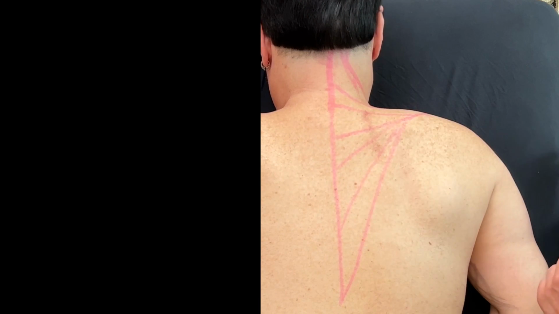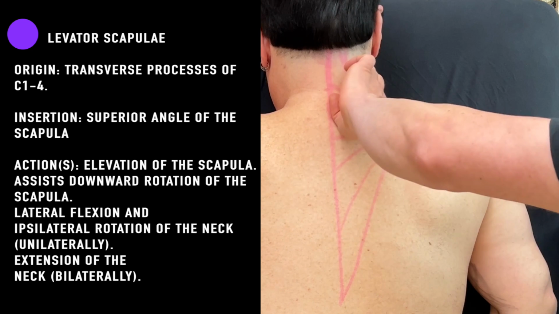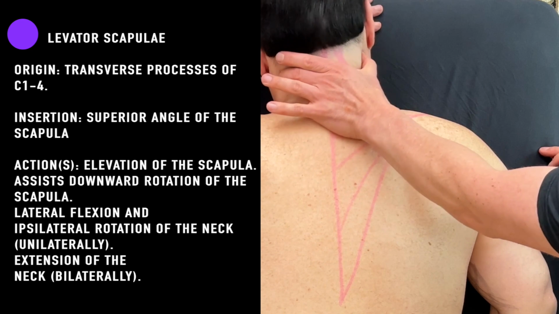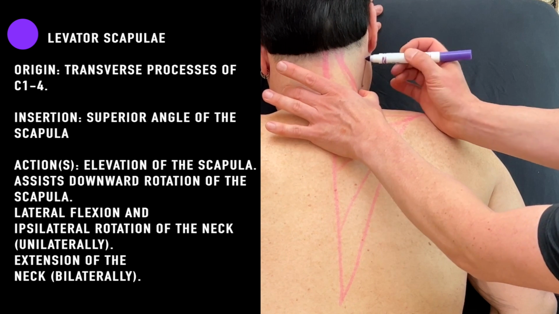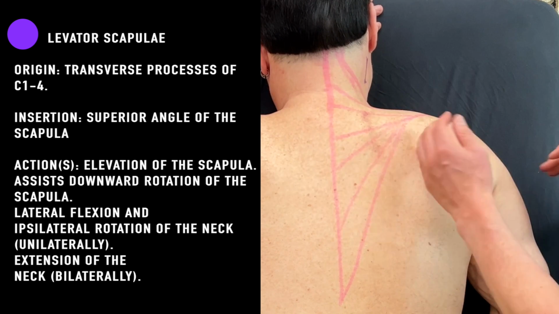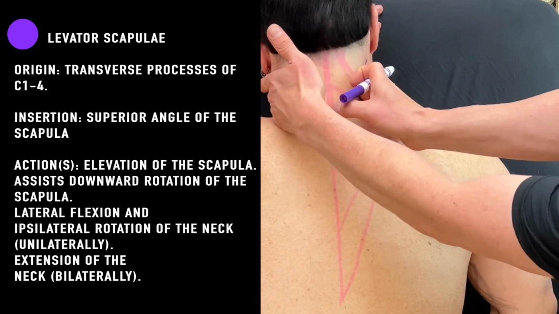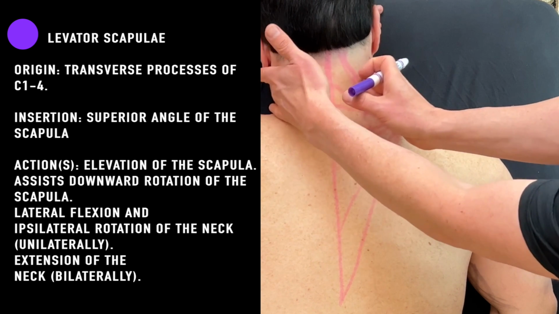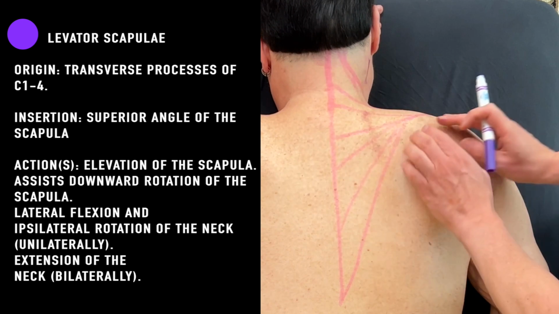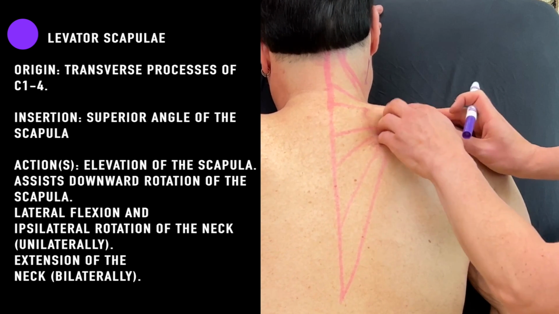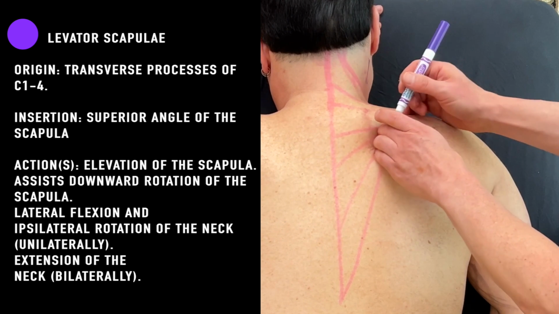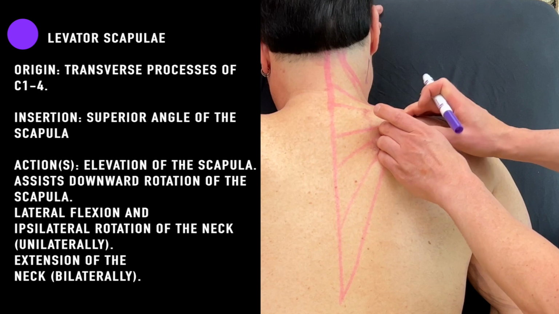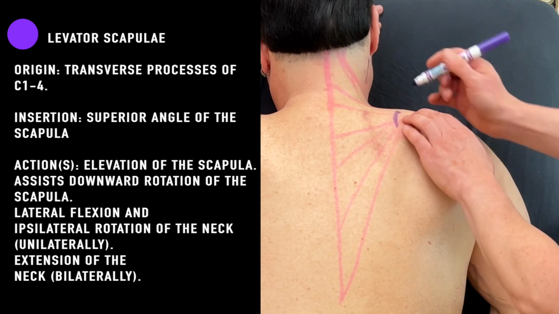Okay, next up is levator scapulae, and that is going to arise from the transverse processes of C1, which is just below the mastoid right here, to C4, basically right in a line like so. Look for the most lateral area of bone that you feel at the side of the neck, and that's going to be the transverse processes. And the insertion is going to be the medial border just above the spine and up onto the superior angle of the scapula.